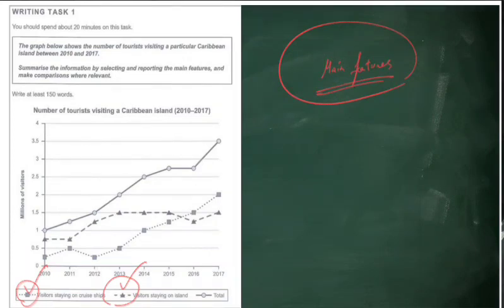And we can assure you, because the data is not much, even if you write all the main features, it would hardly exceed 300. So you don't have to think too much about exceeding, but you should definitely think about the minimum limit, because you have to meet the minimum word limit. Otherwise, you're at a loss.